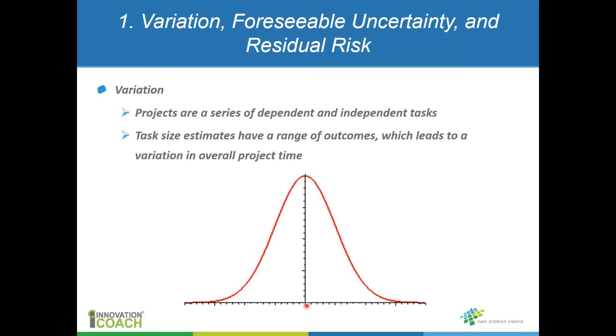So in my experience, when we estimate a time for a task, it's much more likely that we're going to go over than we are going to go under. And I think that's borne out in all of our experiences running projects, that it just seems like more often than not the projects are late rather than early. And I think that has much to do with this concept of task variation and the fact that there's bias in our estimates.